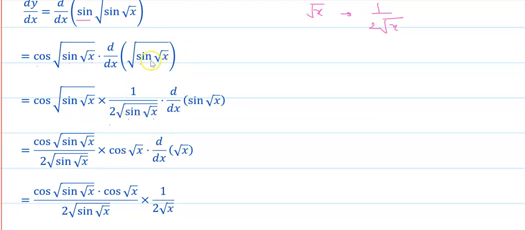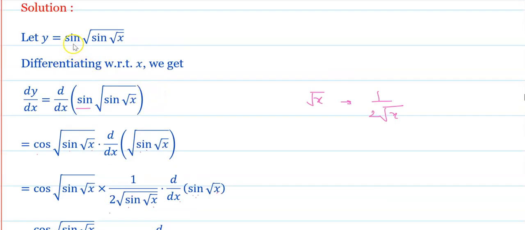Here is a sine of root x, again we will write d/dx of sine of root x. What is the derivative of sine of root x? It is cos of root x. Only, here there is no sin x. It is sine of root x again into d/dx of root x, which is 1 upon 2 times root x. Okay.